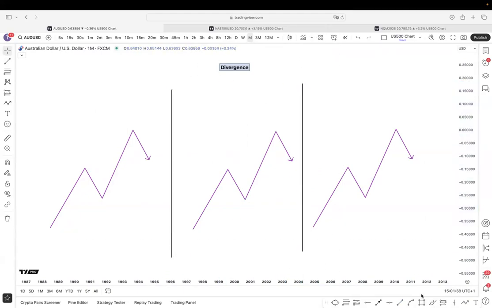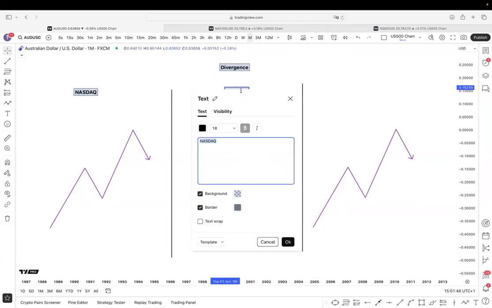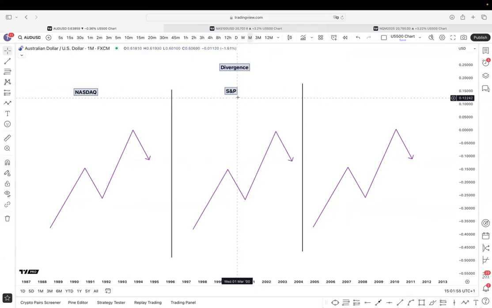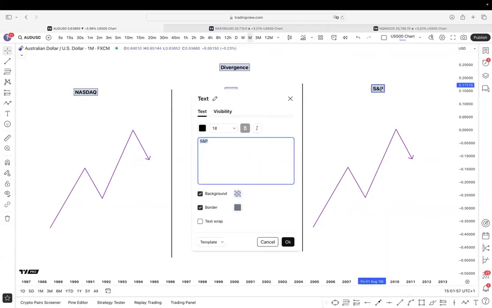That's because we are utilizing three pairs in the way we trade. So this here is going to be the NASDAQ, just as an example. And this one over here is going to be the S&P. And over here, we're going to have US 30.